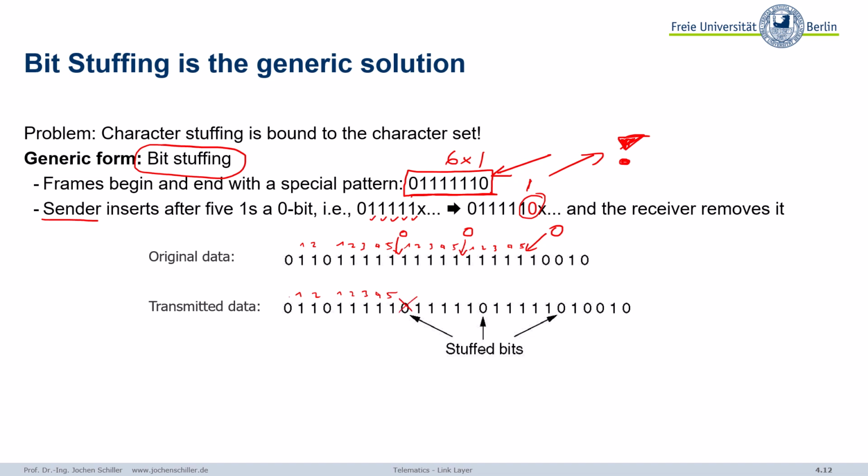If there's a 0, I have to delete it. Again, 1, 2, 3, 4, 5. If there's a 0, I have to delete it. 1, 2, 3, 4, 5. There's a 0. I have to delete it. And this results in the original bit stream.